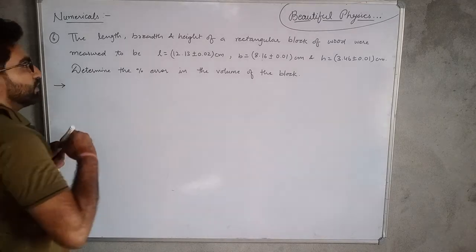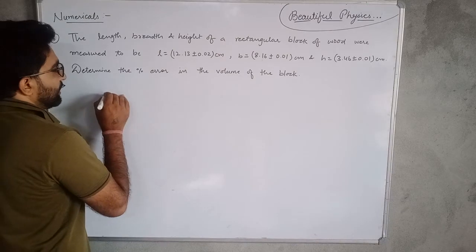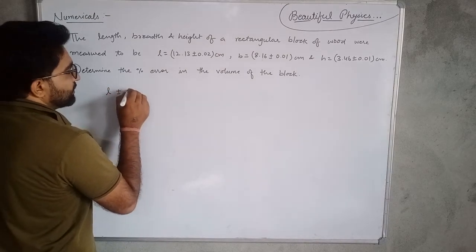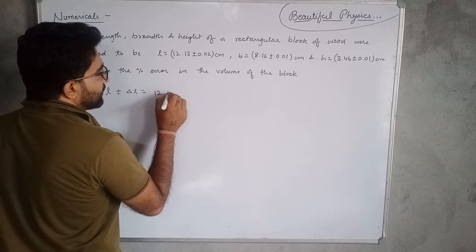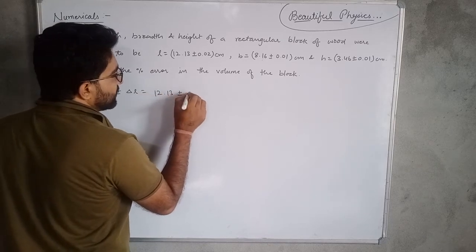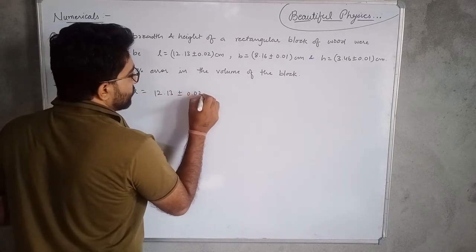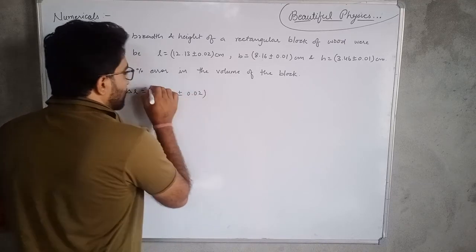यहाँ पर अगर हम वैल्यूज लिखें तो L प्लस माइनस डेल्टा L की जो वैल्यू है हमारे पास वो है 12.13 प्लस माइनस 0.02. Okay.